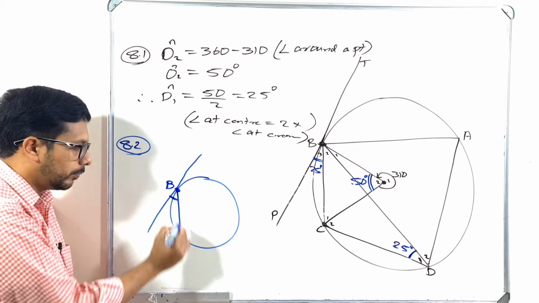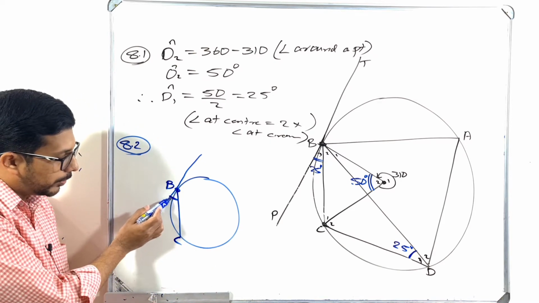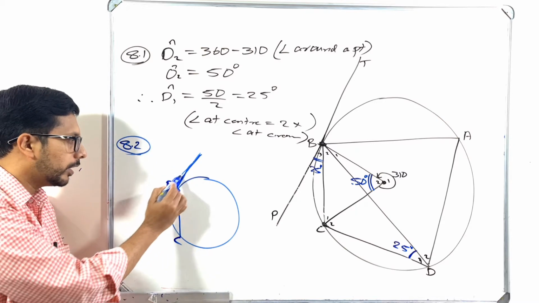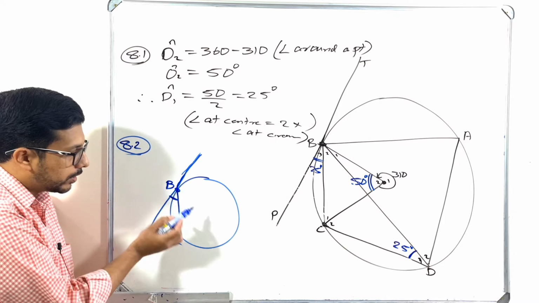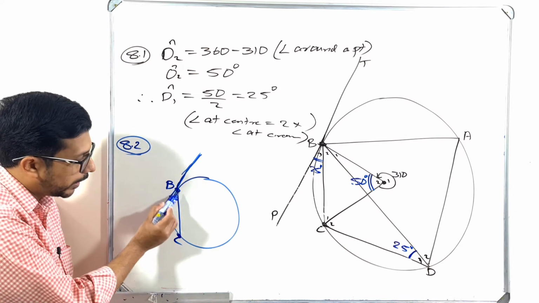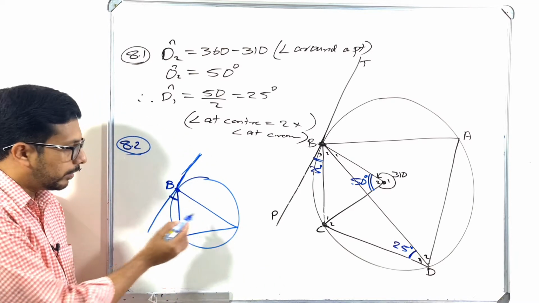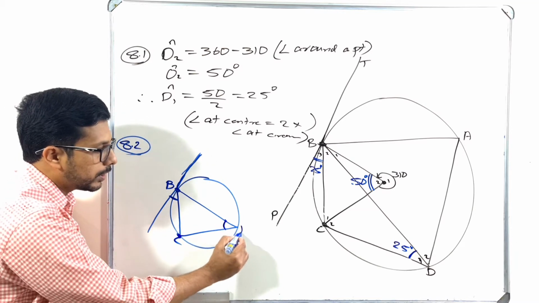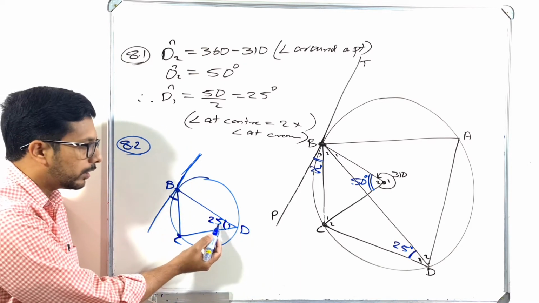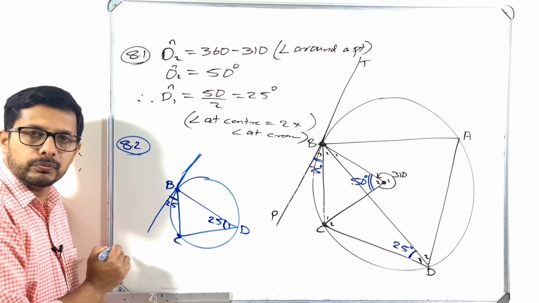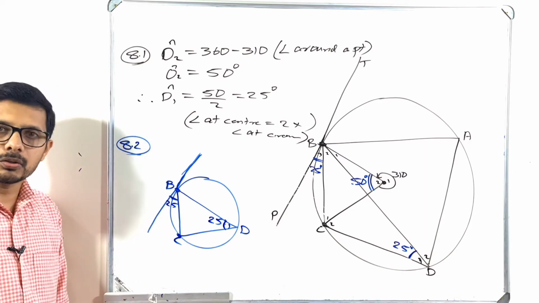This is our point B and C, and the tan chord theorem says the angle between the tangent and the chord is equal to the angle drawn on the circumference from these points B and C. We already got this is D1, and this angle as 25 degrees. So that 25 is equal to this 25. You understand? These two angles are equal. That is what the tan chord theorem says.